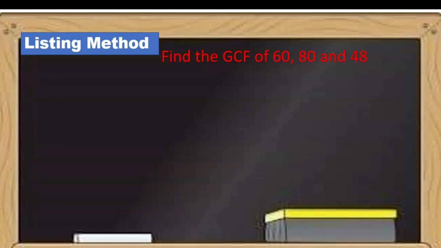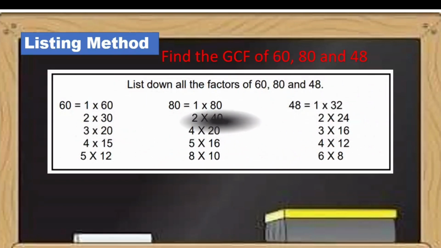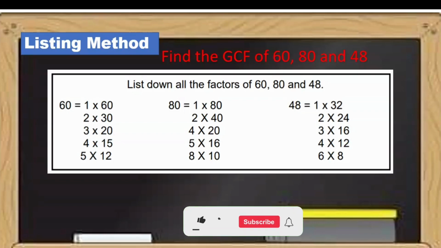Let's find the GCF or the greatest common factor of 60, 80, and 48 through listing method. List down all the factors of 60, 80, and 48. Ano yung mga number na kapag pinag-multiply natin, ang sagot ay 60.